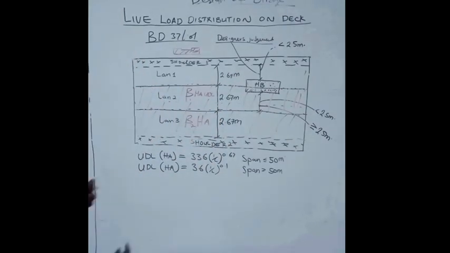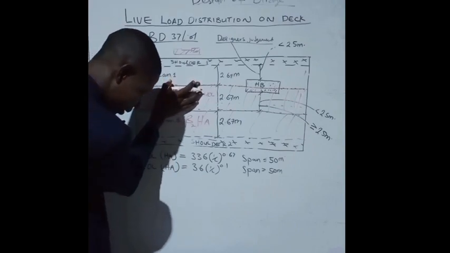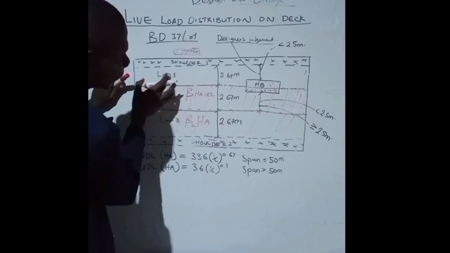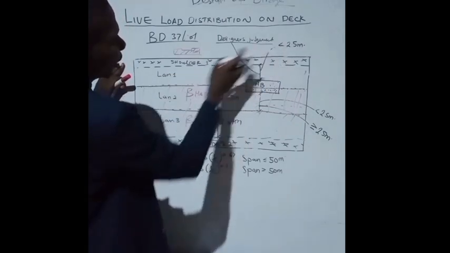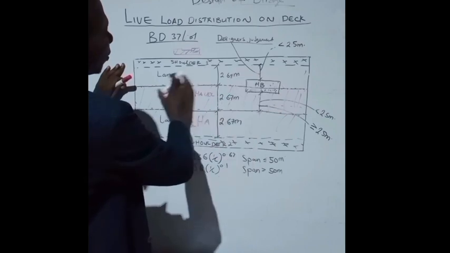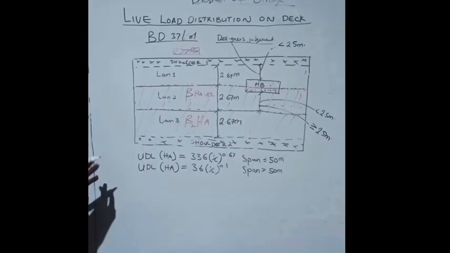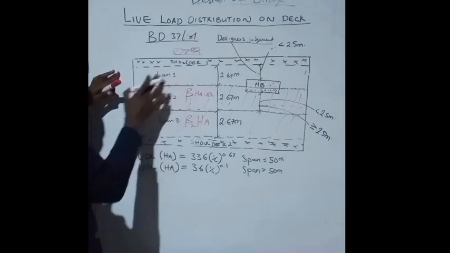Okay. Now the remaining part of this lane should, like we said, remain what it is. The remaining space here will not be loaded with HA load.